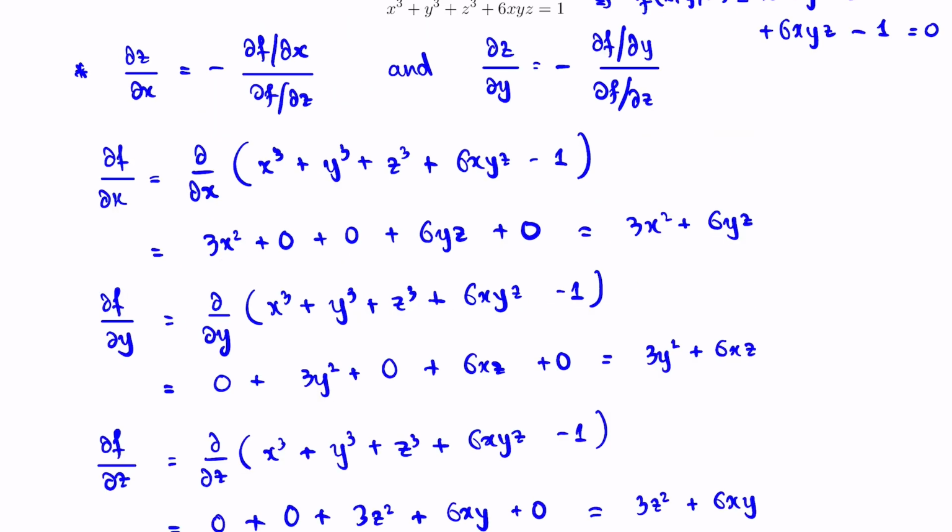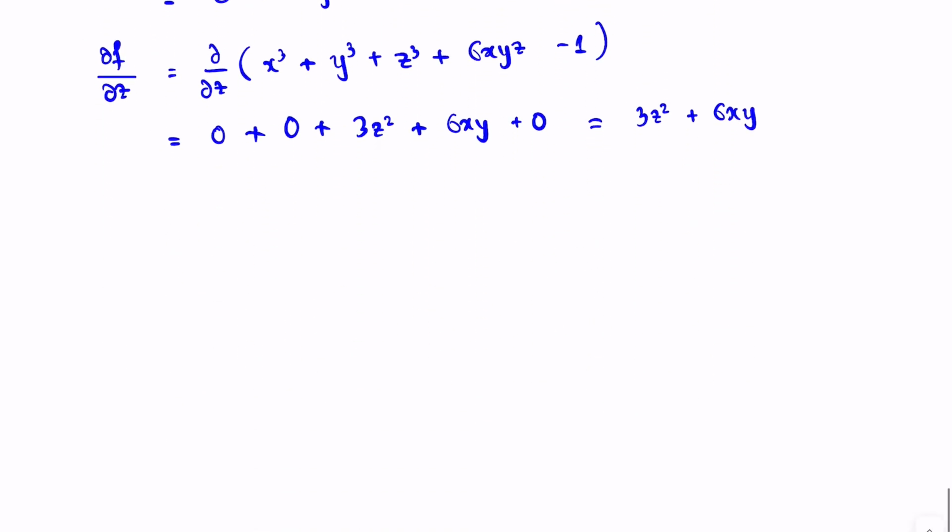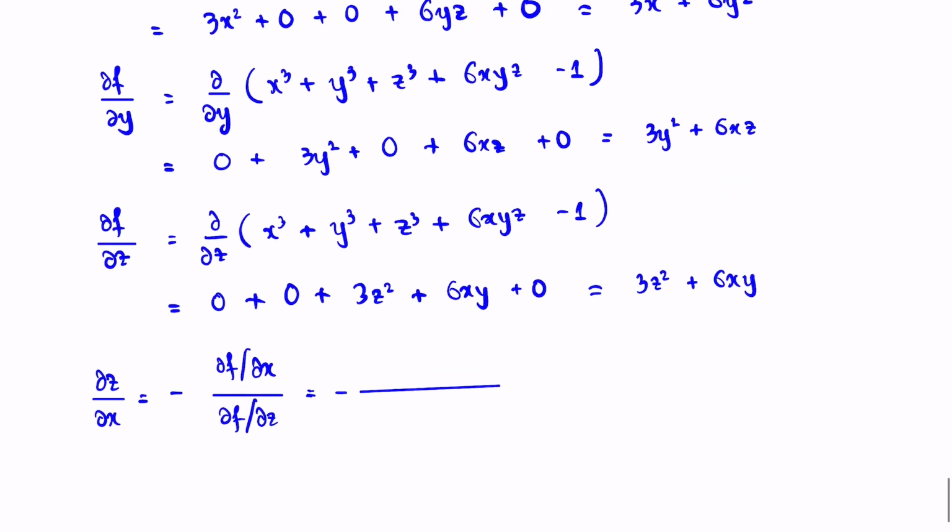Now you have all the information that you need. Plug this information into our formula to get partial z partial x, which is equal to negative of partial f partial x divided by partial f partial z. So this is equal to negative of 3x squared plus 6yz divided by 3z squared plus 6xy.